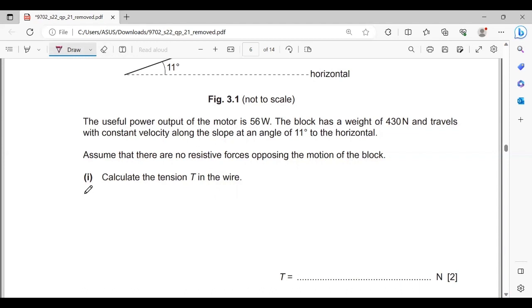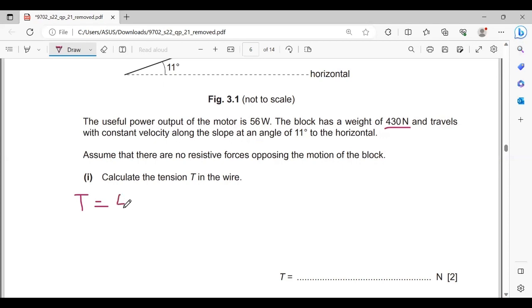I will begin. I'm going to use this formula: tension equals F times sine 11.